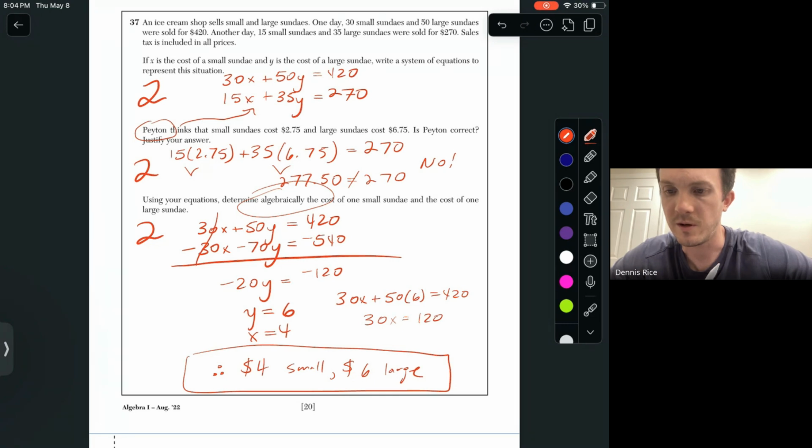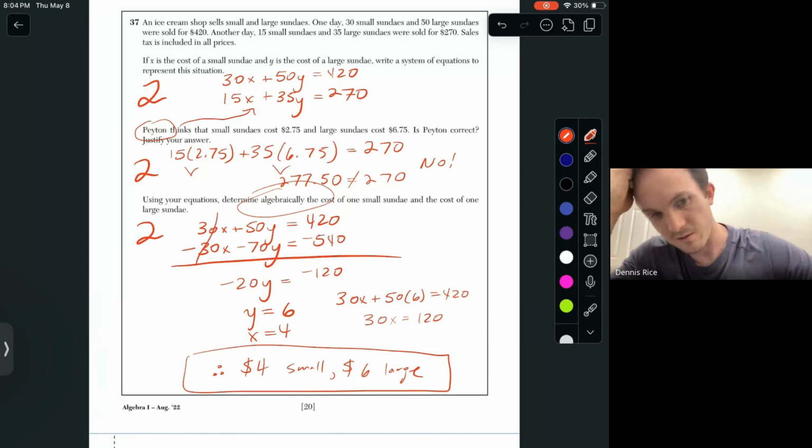Could you have divided by 10 once you multiply the second equation by -2? I just left them as is because I was getting the 30 and -30. If you were going to clean it up, you'd want to do that right away.